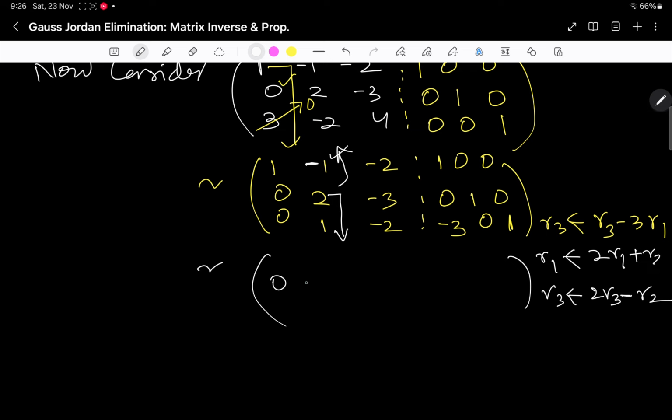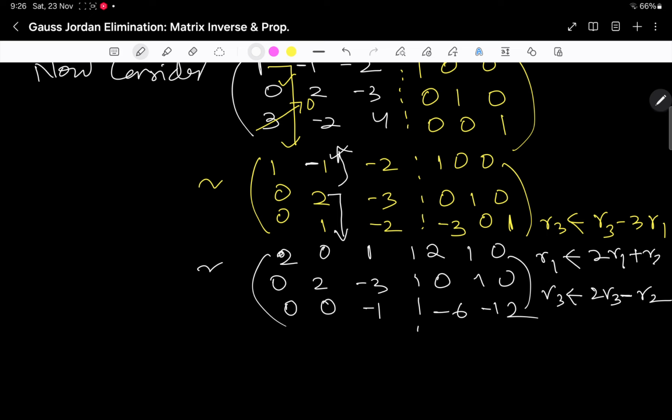Your middle row remains 0 2 minus 3, 0 1 0. Applying 2R1 plus R2, it is 0, 1, and on the right 2 1 0. And 2R3 minus R2 is 0, 0, minus 1, and on the right minus 6, minus 1 and 2.